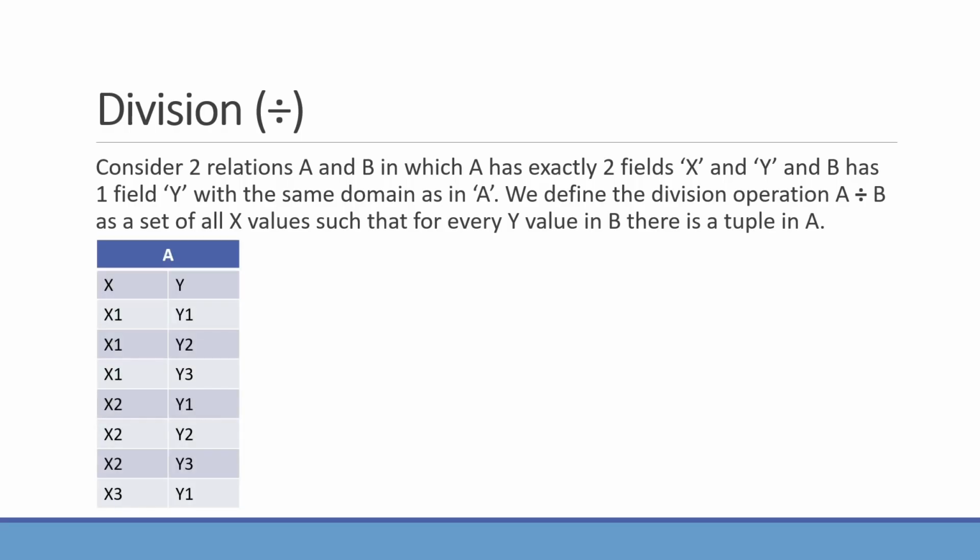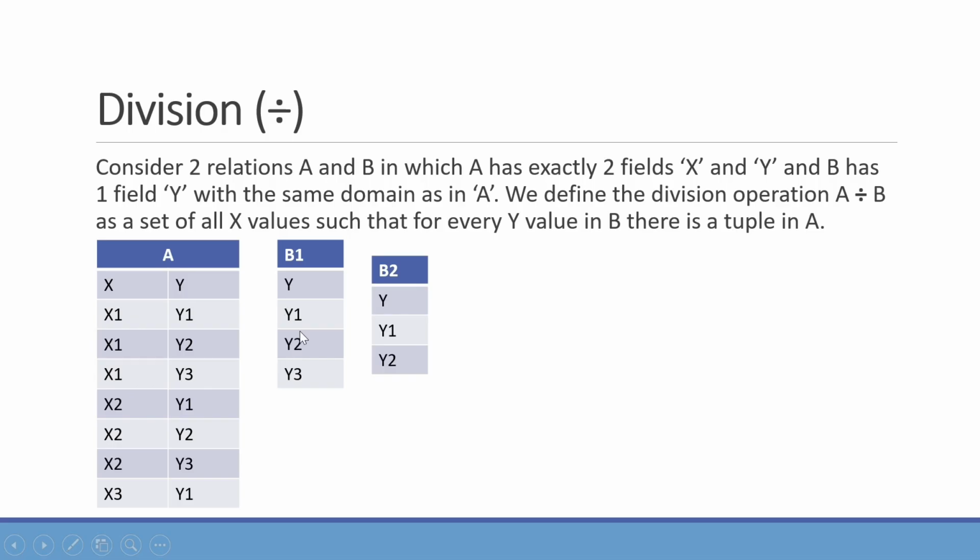For example, let's consider a table A with columns x and y having values x1, x1, x1, x2, x2, x2, x3 and y1, y2, y3, y1, y2, y3, y1, and two other tables B1 and B2 with only one column, that is y. As I mentioned, B has one field, that is y.